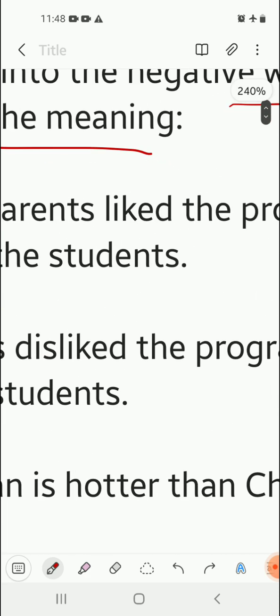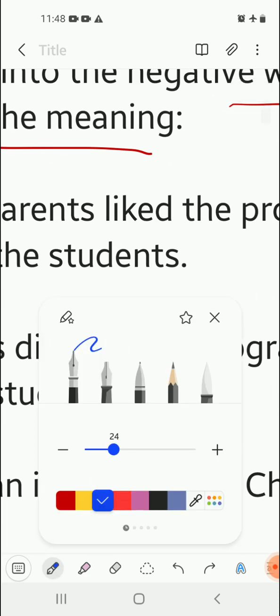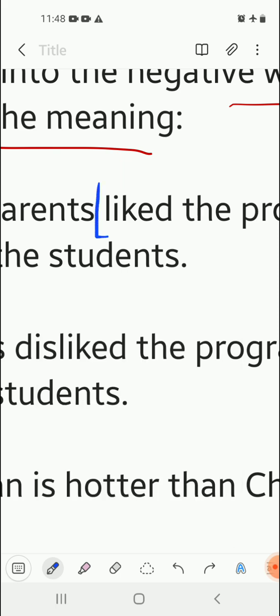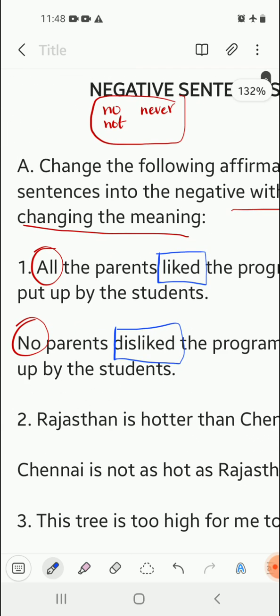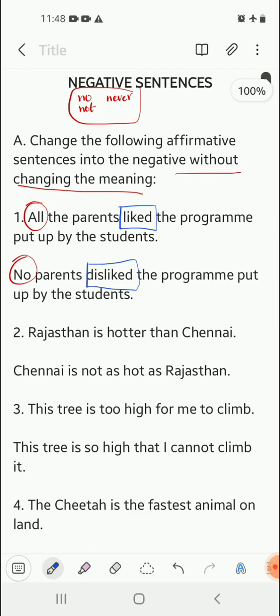We have to make sure that the tense of the sentence is the same, so liked becomes disliked, both in past tense, and the rest of the sentence is the same. So the sentence becomes no parents disliked the program put up by the students. So the rest is the same.